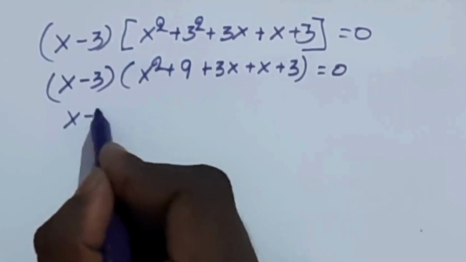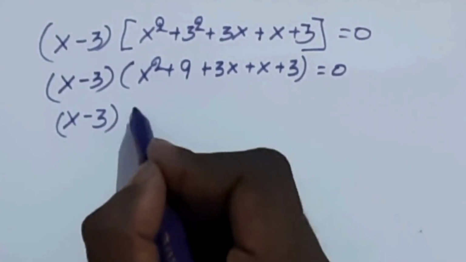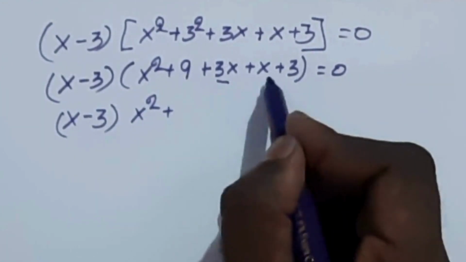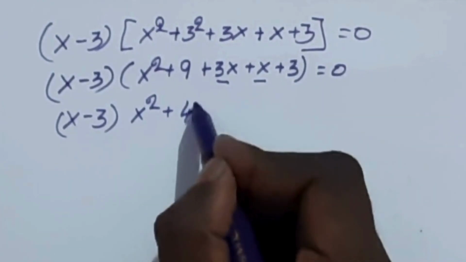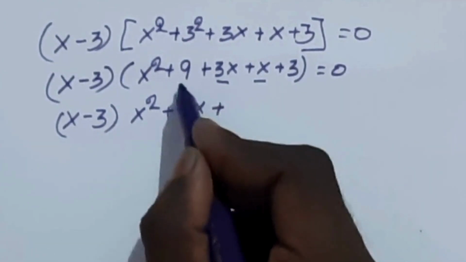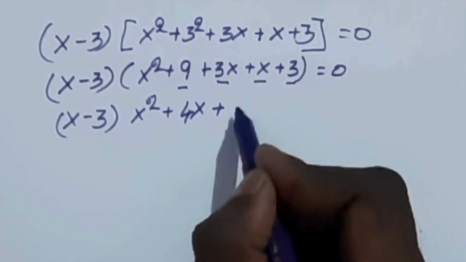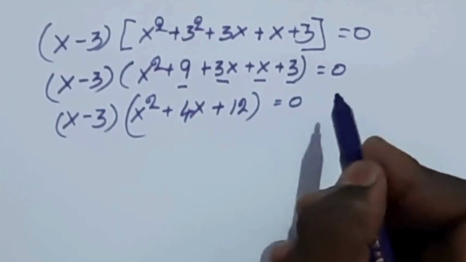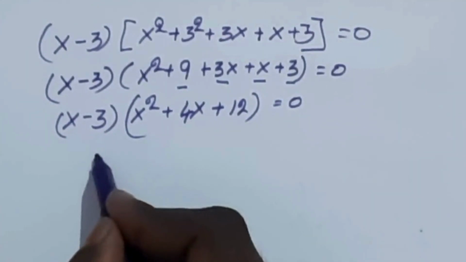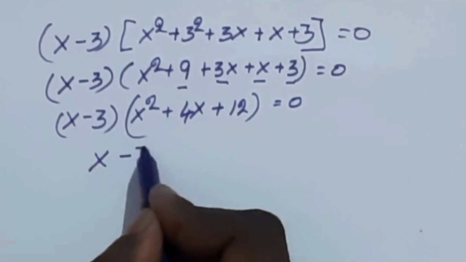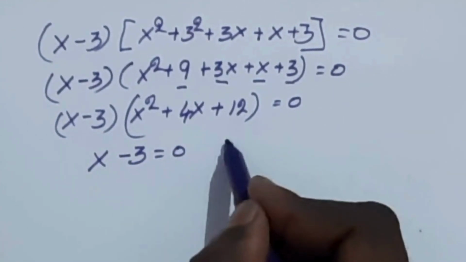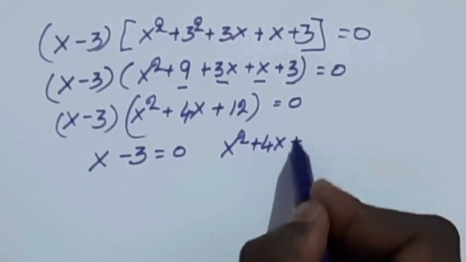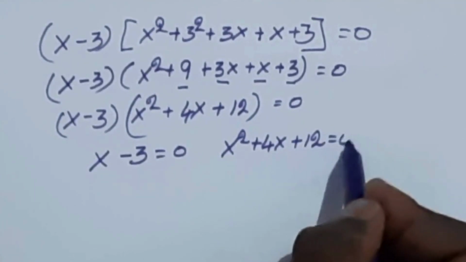Now (x - 3)(x^2 + 4x + 12) = 0, since 3x and 1x is 4x, and 9 plus 3 is 12. Now we have two equations here. One is x - 3 = 0. The other one is x^2 + 4x + 12 = 0.